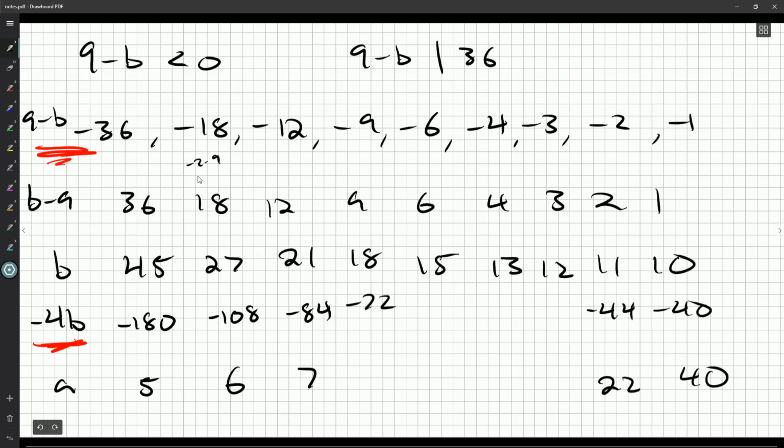This is a is 22. This would be negative 48, so that would be 16. Negative 52, so that would be 13. Here's where they're both 13, so that's a nice boost of confidence there. 10 and then 8 here. So these are my possible values for a.